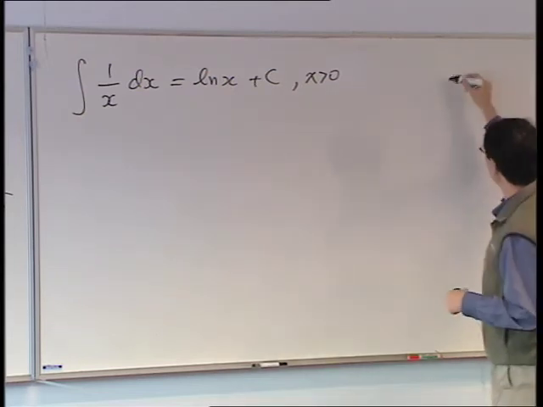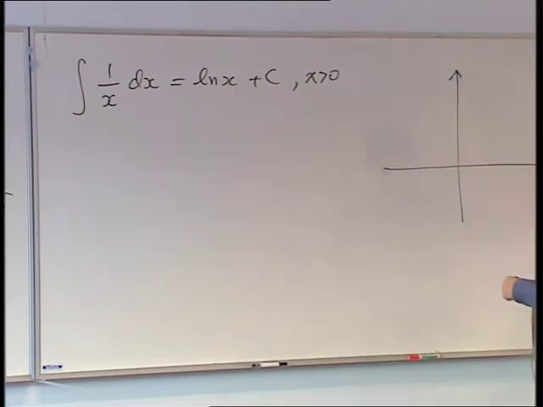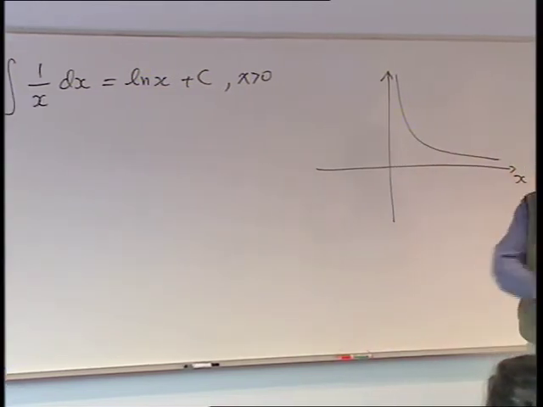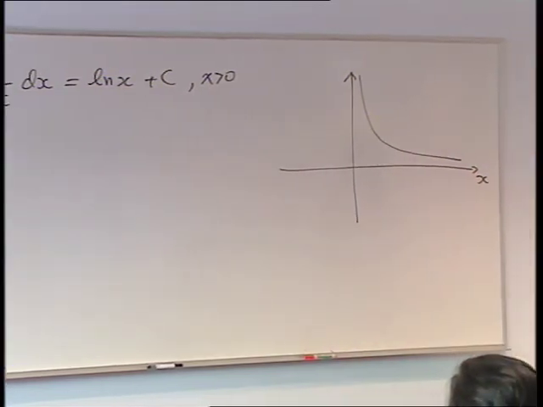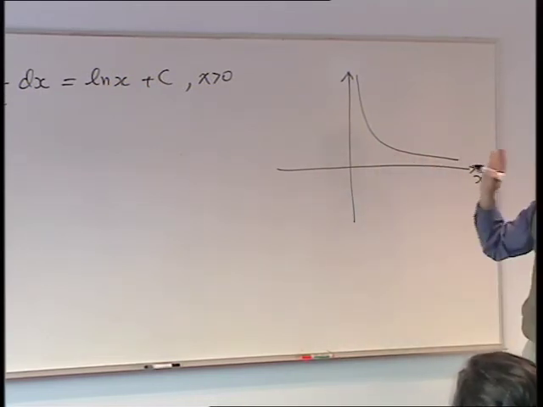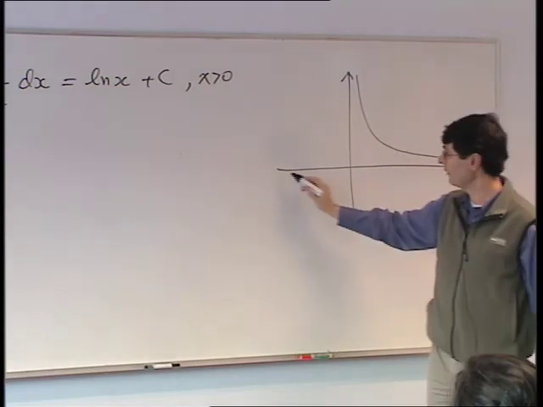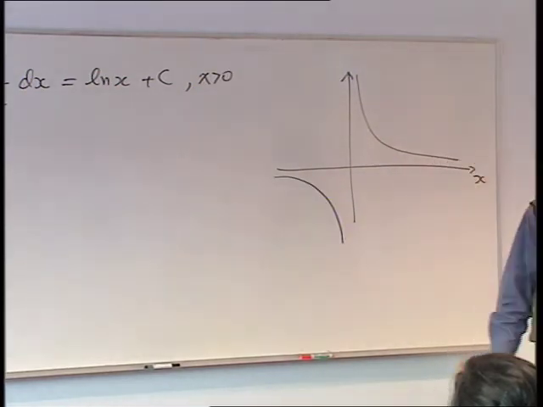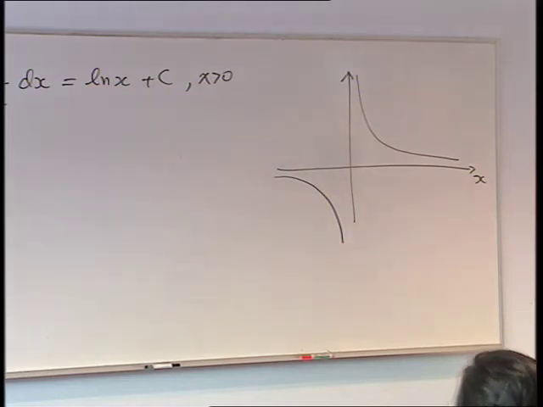Let's take a look at this. 1 on x is this. But you can only do log if x is positive. But you can do 1 on x if x is negative, and it has a graph like that. It's perfectly all right to do 1 on x if x is negative. Okay.